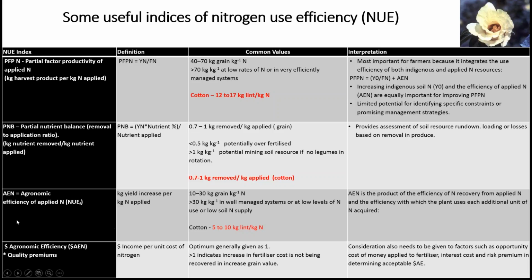When we look at the agronomic efficiency, this one's a little harder to get because very few people would want to put down a zero strip. This efficiency is basically how much is the fertiliser increasing my yield, or how effectively is that increasing my yield. And for cotton, somewhere between 5 to 10 kilograms of lint per kilogram of N applied would appear to be somewhere we would like to be getting.